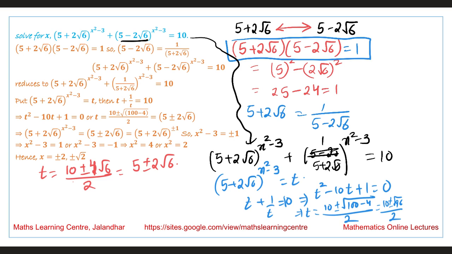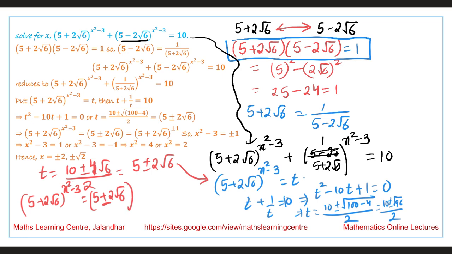Now if we substitute this value of t over here, we have (5 plus 2 root 6) raised to the power x squared minus 3 is equal to 5 plus minus 2 root 6, since we have two roots.